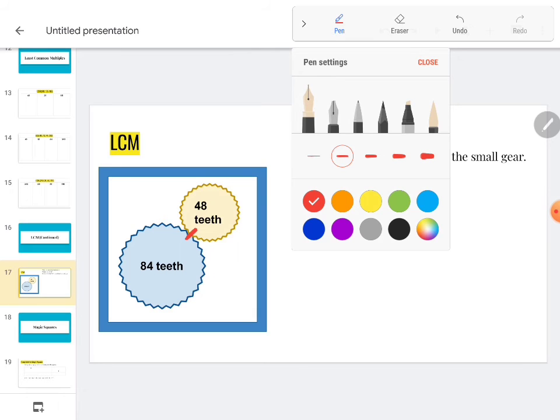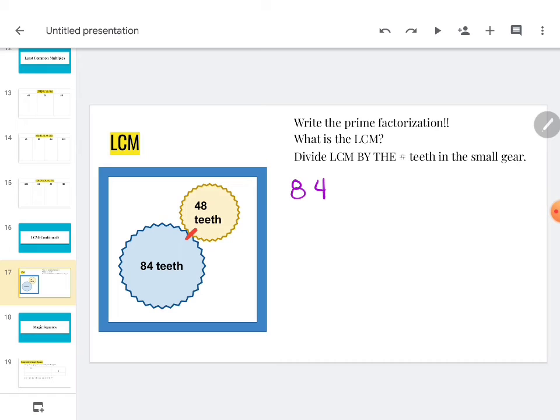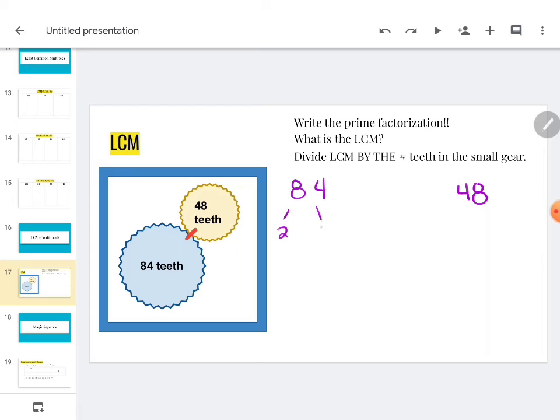It's just going to be the same thing that we did last time. So we have our 84 and we have our 48. We're just going to break them down like we did with our last problem. We'll notice with 84 it's divisible by 2, so we put a 2 right here, and 84 divided by 2 is 42.